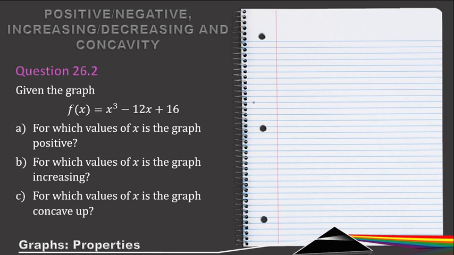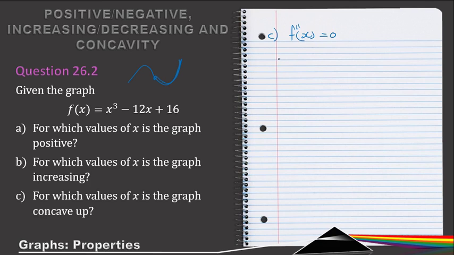Okay, and then we move on to C. For which values of x is the graph concave up? To find this, we have to find the point of inflection, because that's where the graph starts or changes concavity. So we need to solve for the second derivative equal to 0.